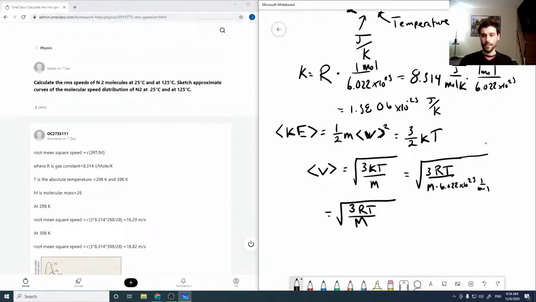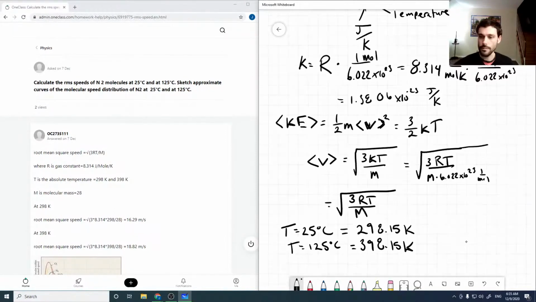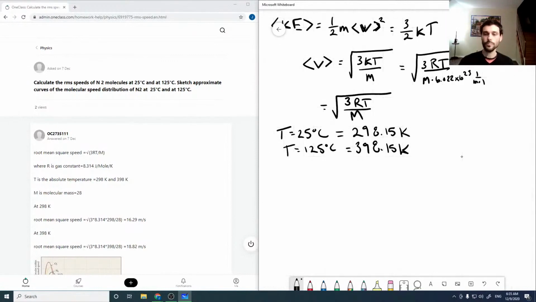So given our temperature at 25 degrees Celsius, that is the same as 298.15 Kelvin. And given another temperature at 125, that'll just be 398.15. Our molar mass for N2 is 14.01 grams per mole.